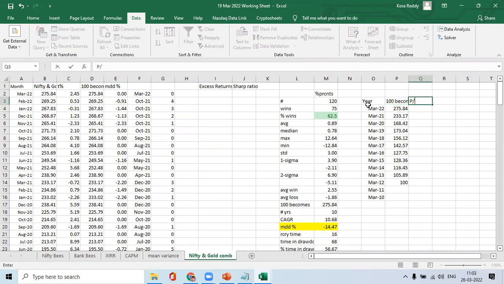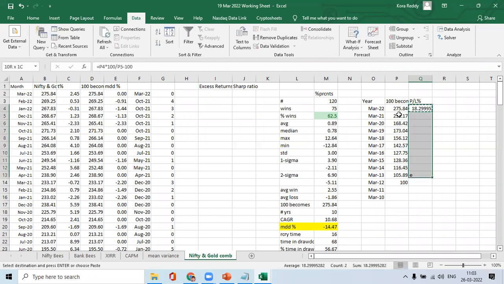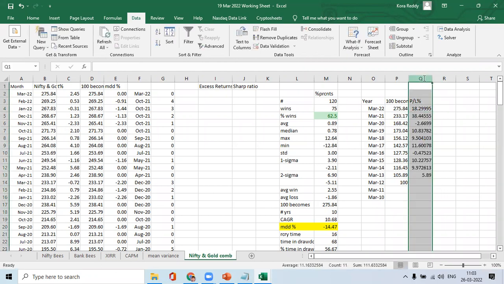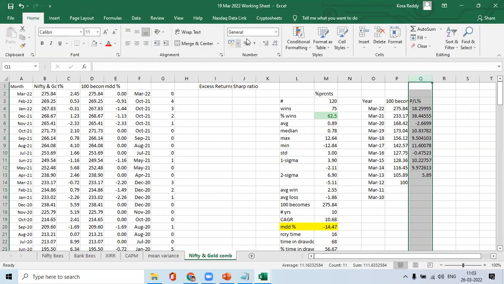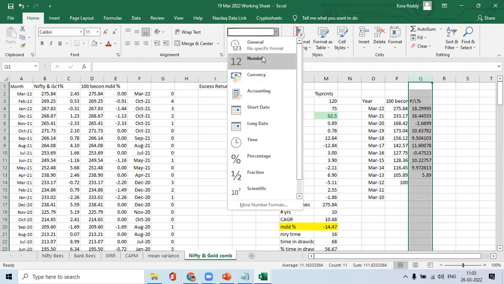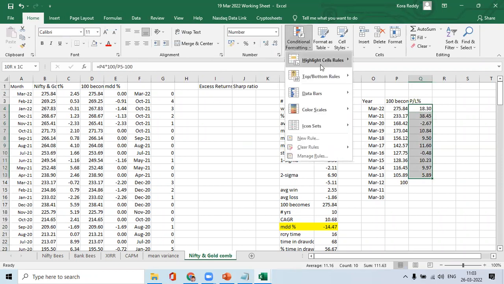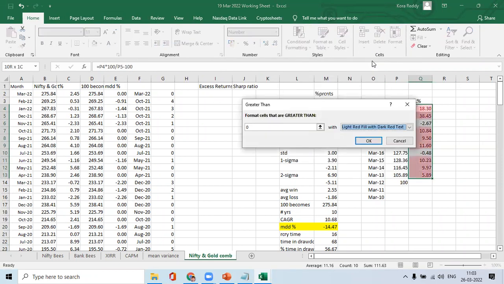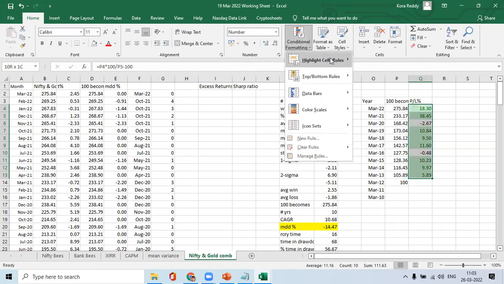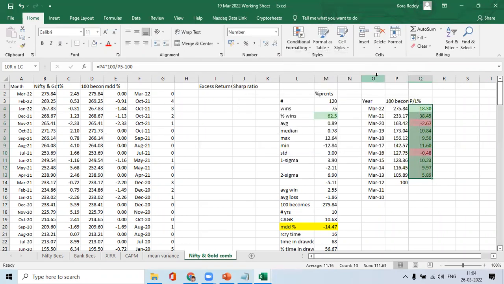And how much is your profit or loss in percent per year. This is simply into by this. Make it number, and you can color code. Greater than 0 is green, less than 0 is red.